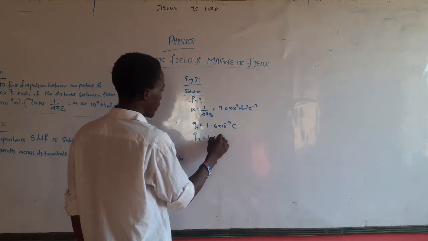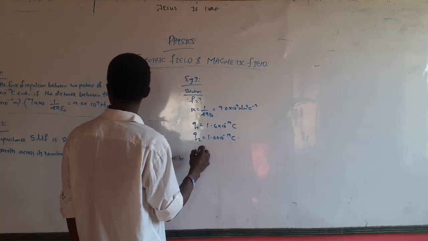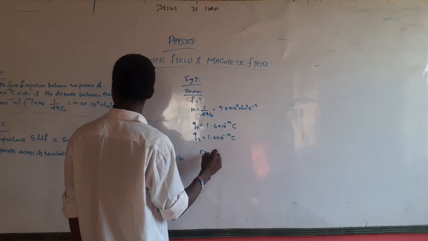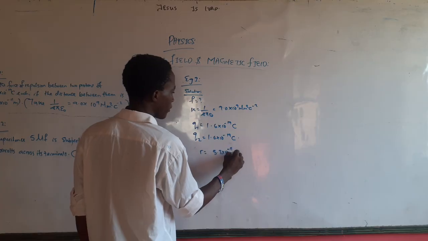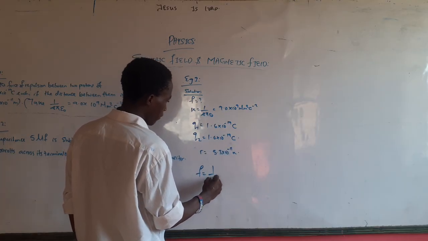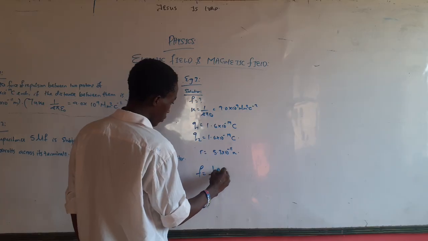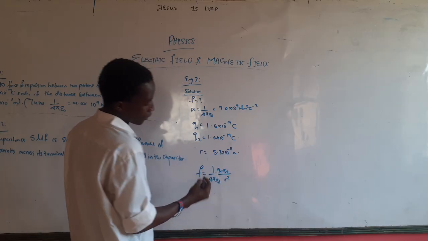The distance between them, R, is 5.3 times 10 to the power -11 meter. So you introduce the formula as 1 over 4 pi epsilon naught times Q1 Q2 over R squared.